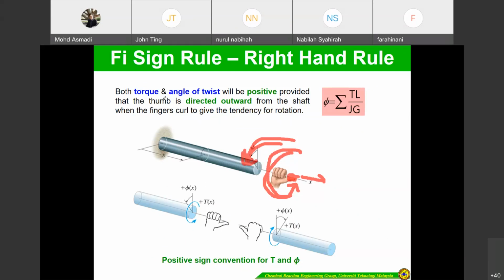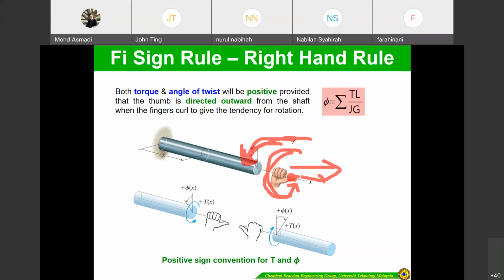So please remember, the angle of twist will be positive provided that the thumb is directed outward from the shaft when the fingers curl to give the tendency for rotation.